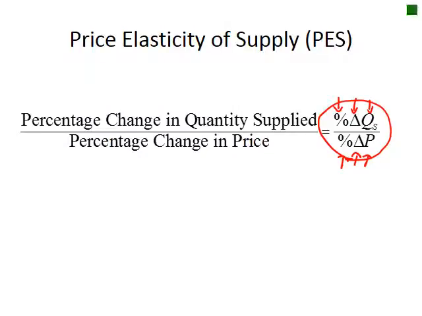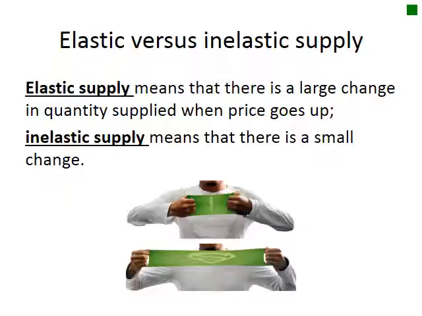Its formula is again very similar to PED: percentage change in quantity supplied over percentage change in price. And you'll see this formula being used over and over again. Elastic versus inelastic supply.